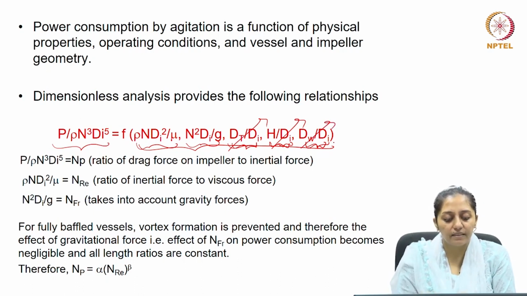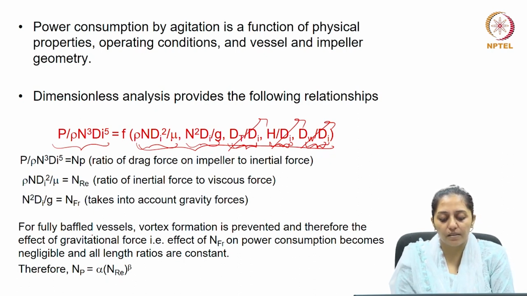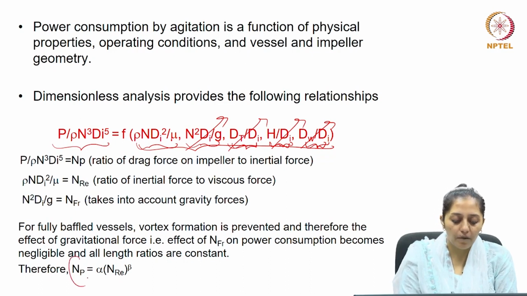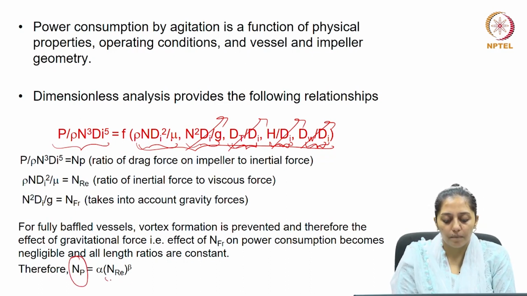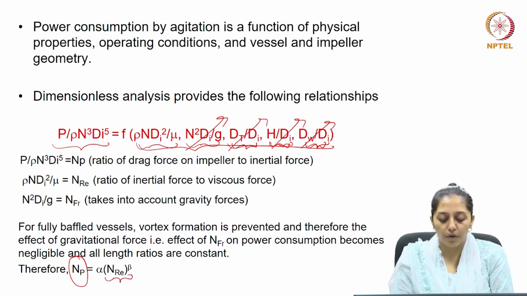So, we can neglect these, and for fully baffled vessels, we will assume there is no vortex formation. So, further, the effect of gravitational forces, which is the Froude number, on power consumption also becomes negligible. So, this is further neglected, and because, as I said earlier, the length ratios are constant. So, now effectively the power number is found to be a function of the Reynolds number.